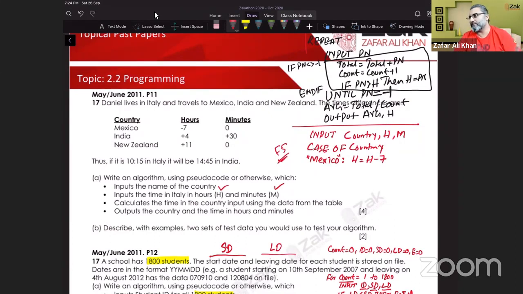Since they have not asked for it, we are not going to do anything about it. Then India: hours is equal to hours plus 4 and minutes is equal to minutes plus 30. And then New Zealand: hours is equal to hours plus 11, and then end case.